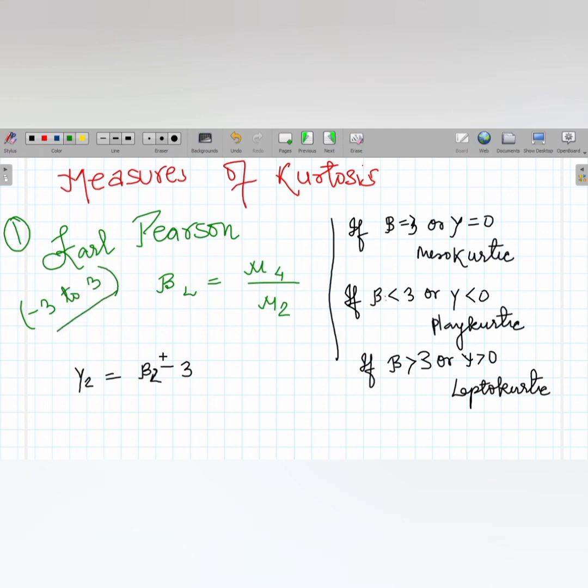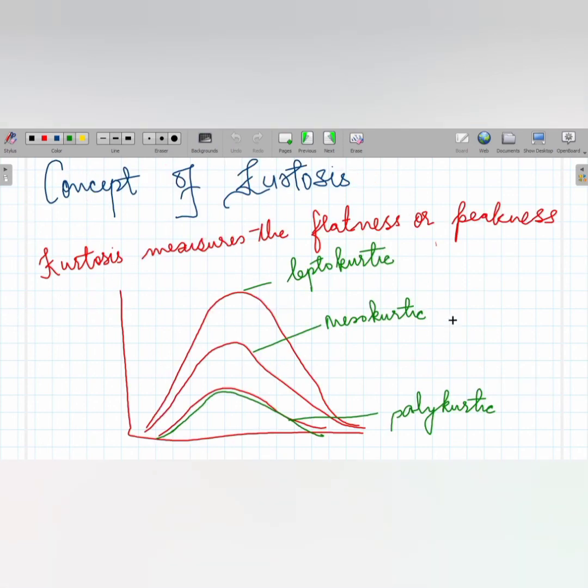Clear? So now what this scale says: if beta is equal to 3, or we can say gamma is equal to 0, then the figure is mesokurtic. Let me show you. See here, beta is equal to 3, or gamma is equal to 0, then the figure will show mesokurtic.